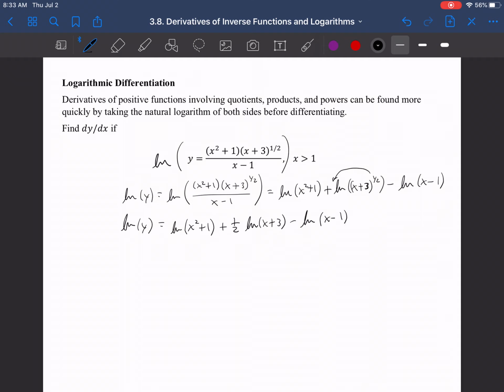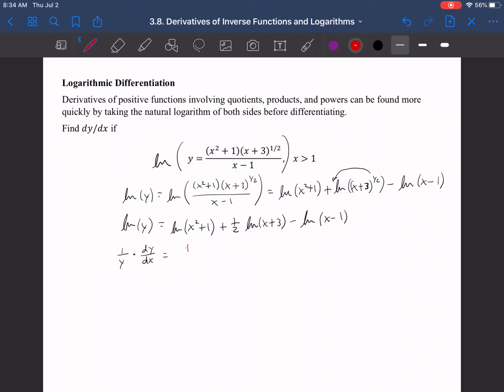And now we can just do our implicit differentiation. So the derivative of the natural log of y is 1 over y, chain rule, times the derivative of y. And then we can do it here. This is just the derivative of just this part. Maybe I'll color code it for you, hold on.